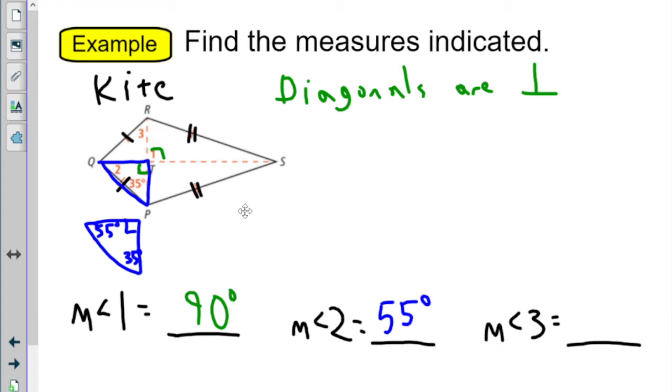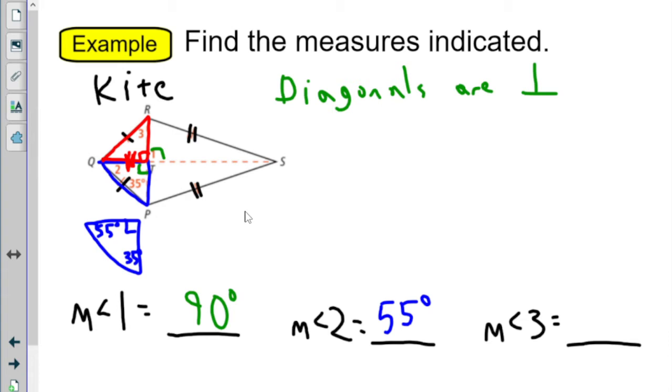Then for angle 3, to get angle 3, we're actually going to use hypotenuse leg here, which is that I have a right triangle here. I've got this side matching by the reflexive property, and then I have another pair of sides, which is the hypotenuse.